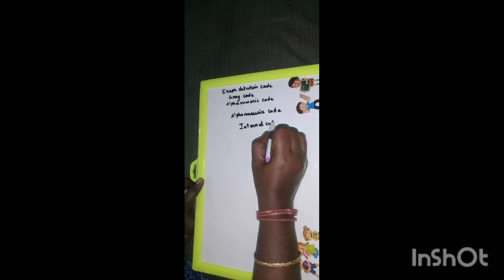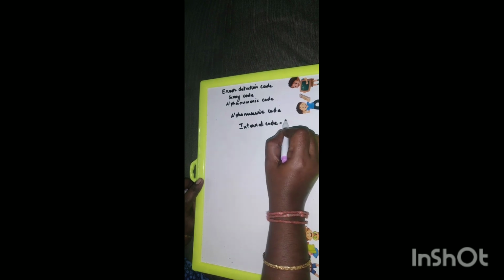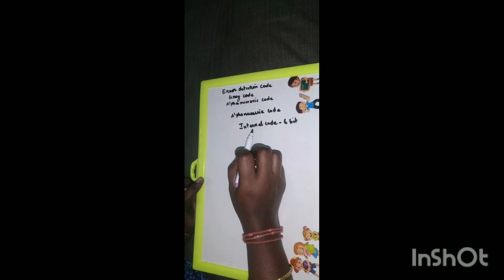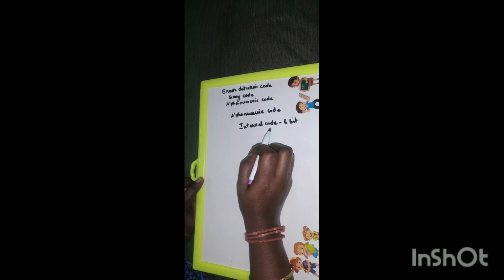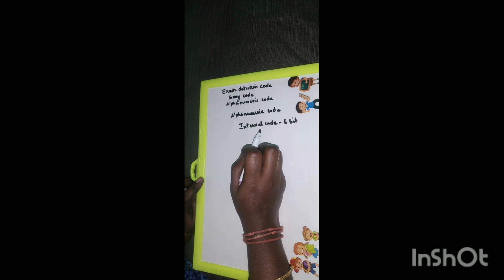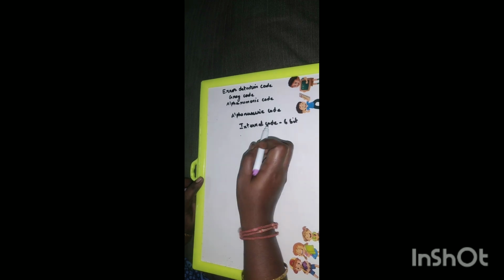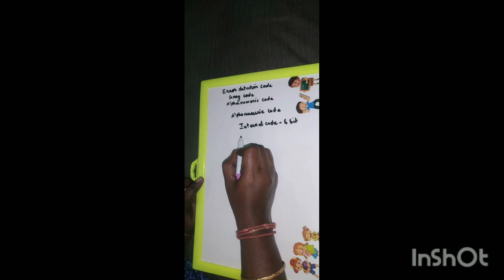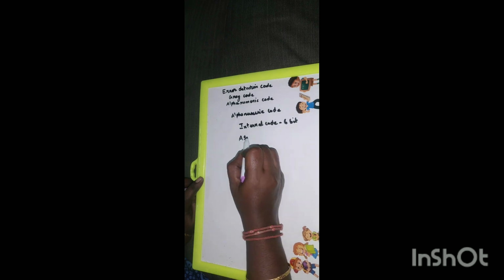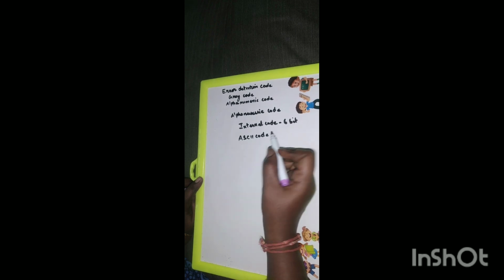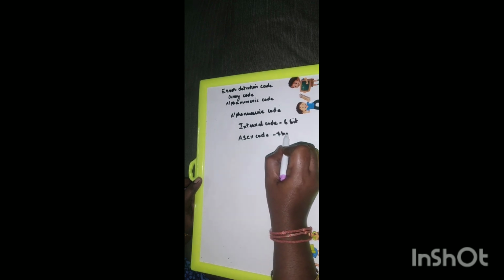Internal code is a 6-bit code used to represent uppercase alphabets, numbers and some special characters. It doesn't represent the lowercase alphabet, so in order to represent it, we have the 7-bit code, ASCII code, American Standard Code for Information Interchange.